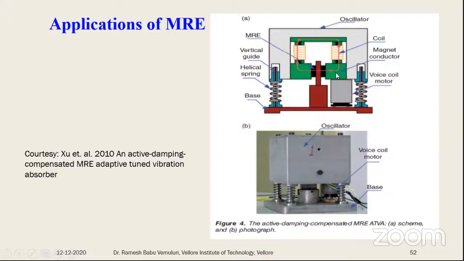These are the magnetic conductor, the voice coil, the MRE, the magnetic field, and this is the coil. This is a vertical guidance. Once we need the absorption, obviously the magnetic field will be enhanced. According to the requirement, its vibrations can be absorbed.